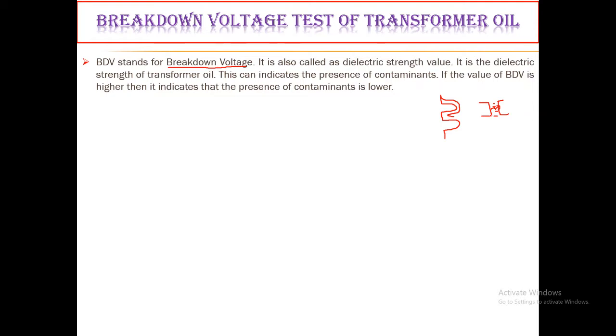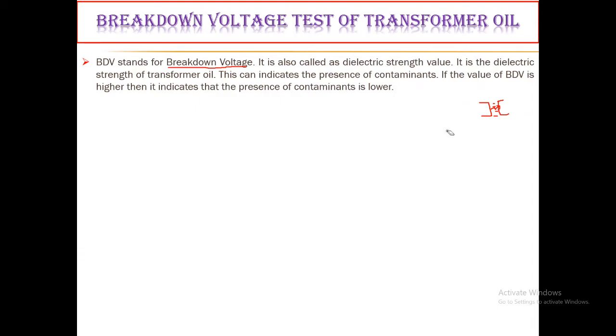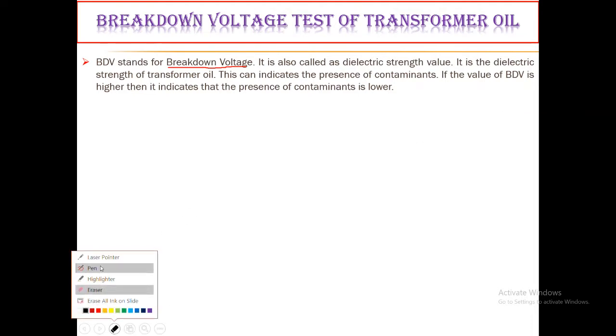Breakdown of a given insulation always appears at a maximum voltage. So the maximum voltage at which the breakdown takes place in a given dielectric is known as the breakdown voltage. As we are dealing with high voltages, the unit we consider for this is the kilovolt.